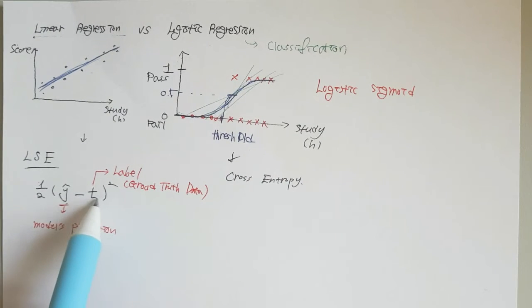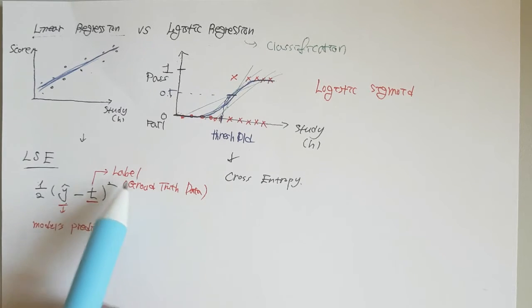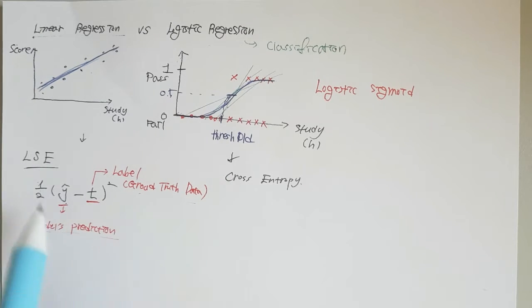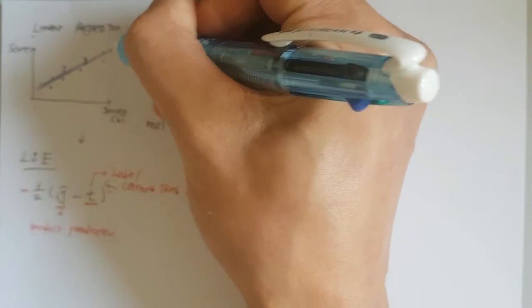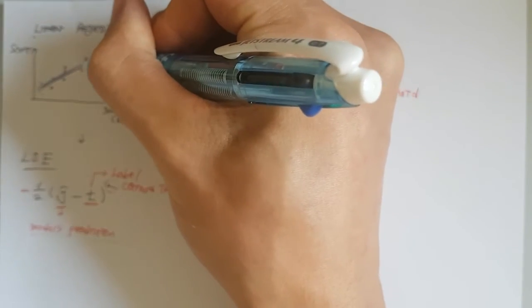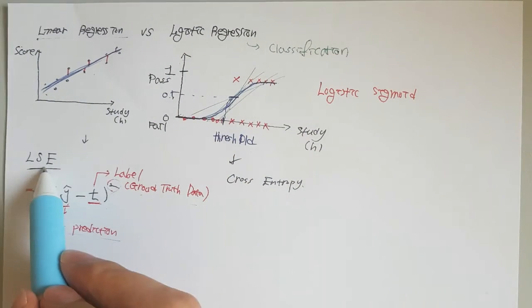So if the answer, label or ground truth data and the model's prediction are really close, then the error will be really small, because this is always positive because of the square. So in this graph, this length of the red line will be the least square error.